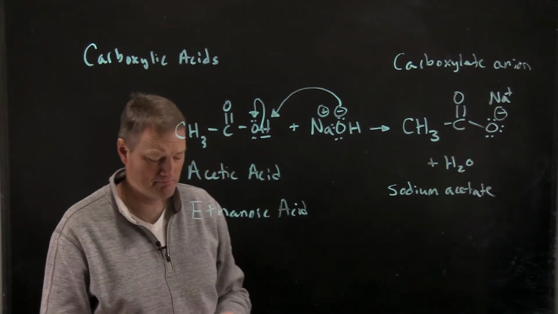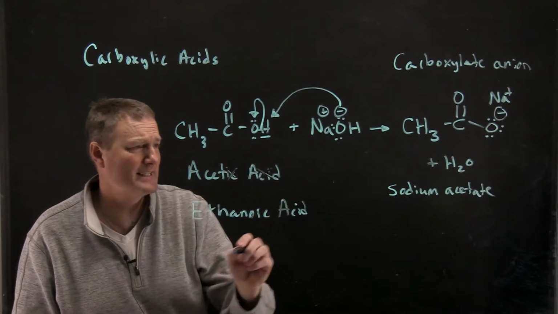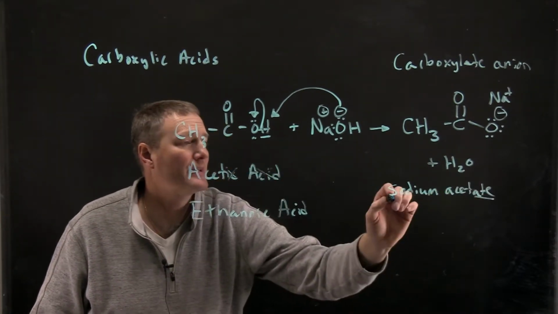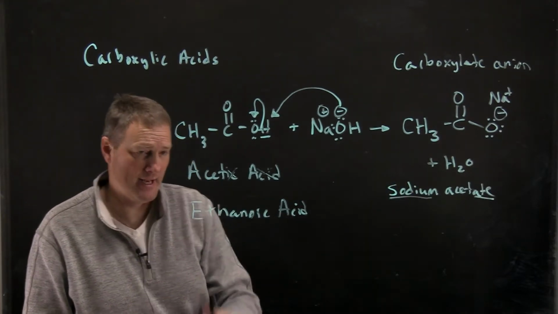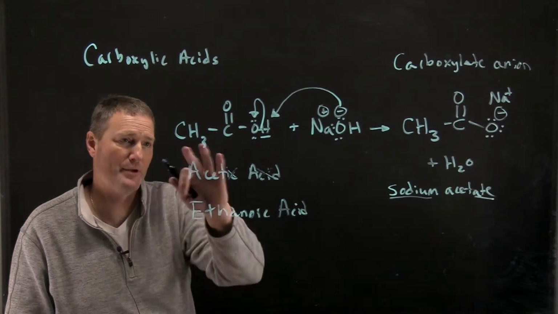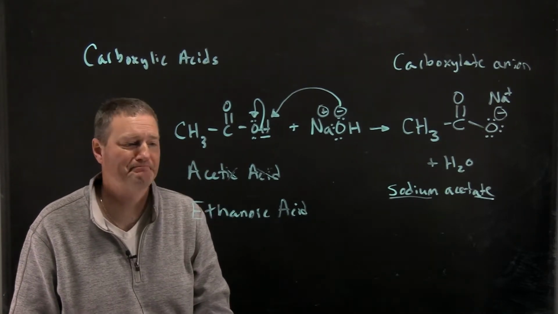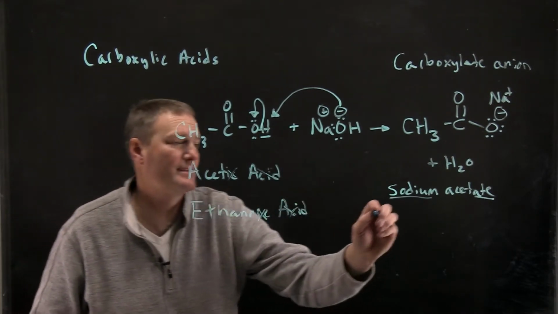We basically just take the carboxylic acid name, drop off the -ic acid, and tack on -ate. And then we list the metal in front of that name, so we get sodium acetate. Now, if I were to name this using the IUPAC nomenclature, the original acid is ethanoic acid. I would drop off the -ic acid, and this would be listed as sodium ethanoate.